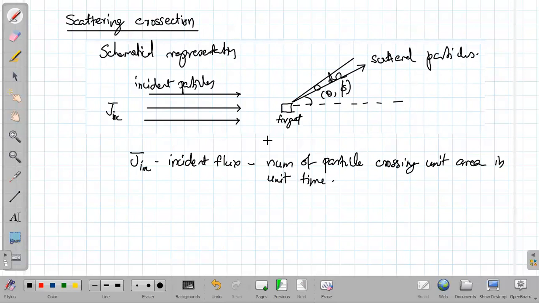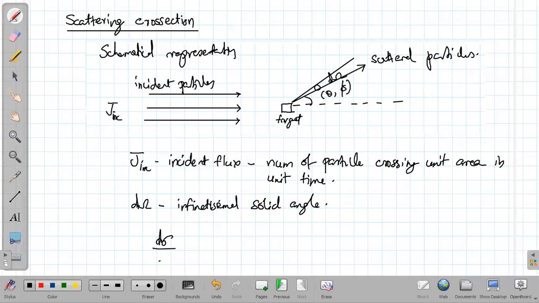Okay, and what is this d omega? d omega is the infinitesimal solid angle.